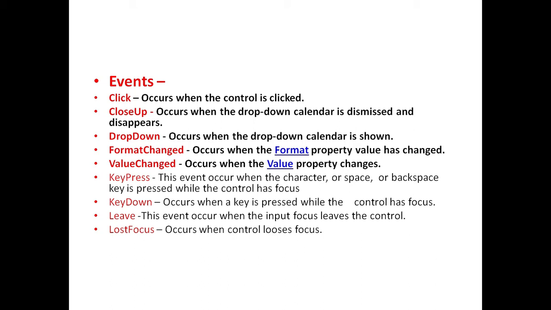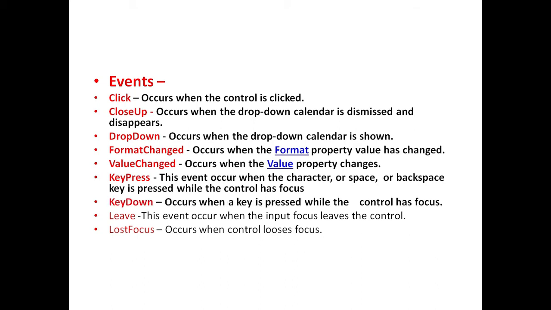ValueChanged occurs when the Value property is changed. The KeyPress event occurs when a character, spacebar or backspace key is pressed while the control has focus. The KeyDown event occurs when a key is pressed while the control has focus. The Leave event occurs when the input focus leaves the control. And the LostFocus event occurs when the control loses the focus.